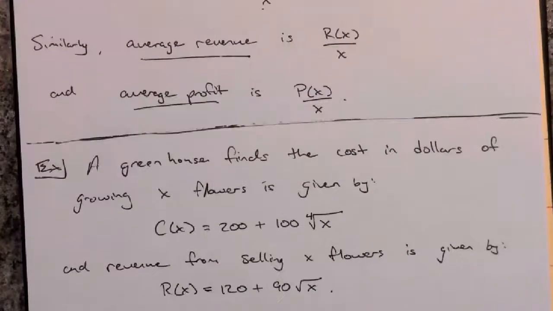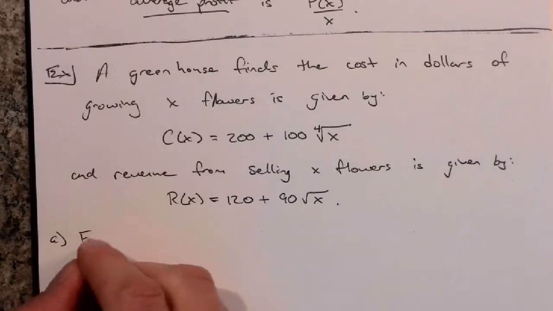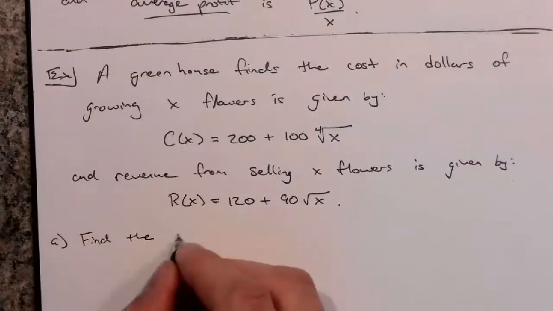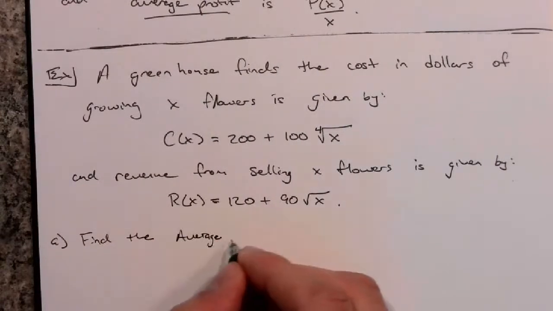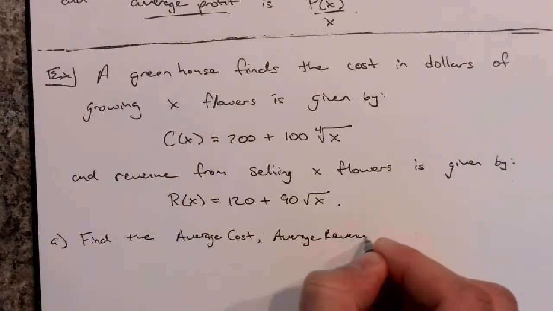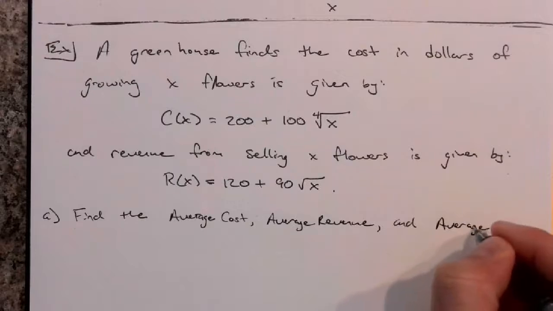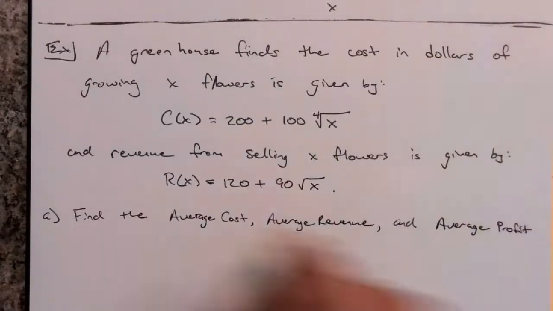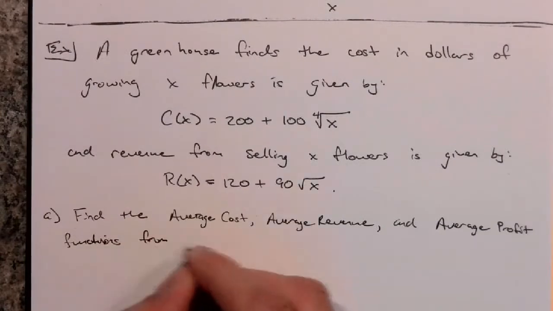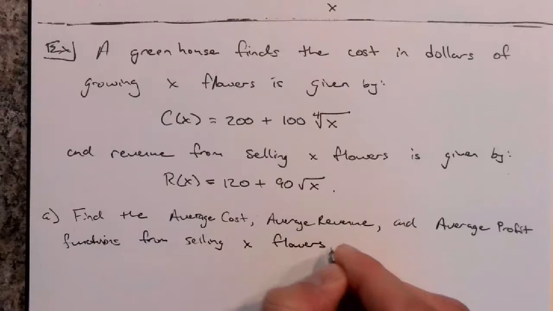And what they're going to ask us to find is a few different things. So the first thing, find the average cost, average revenue, and average profit functions from selling X flowers.